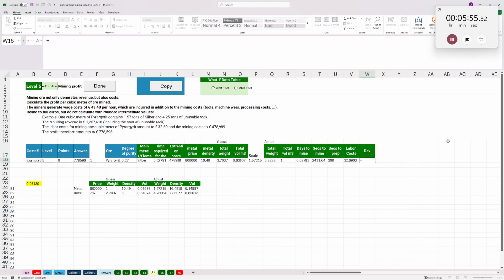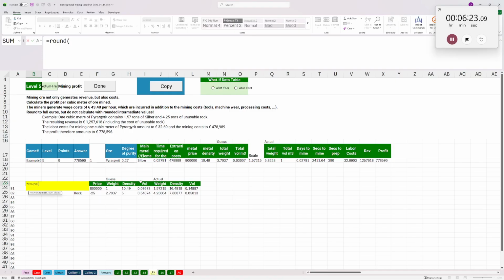The revenue is the same as level 3, some product of the price of those and their actual final weight. And then the profit, I'm going to put profit here unrounded, is the revenue minus the labor cost minus the extraction cost.